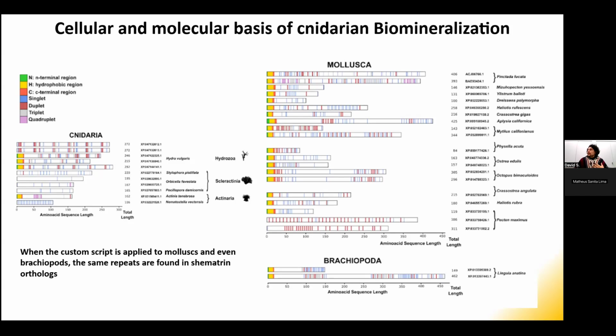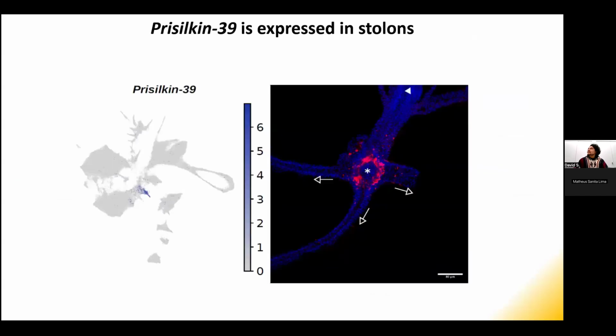So what do we get from here? The same repeats are found in the shematrin, and the shematrin in Hydractinia are more similar to mollusks and brachiopods than any other cnidarian, even from the same clade.